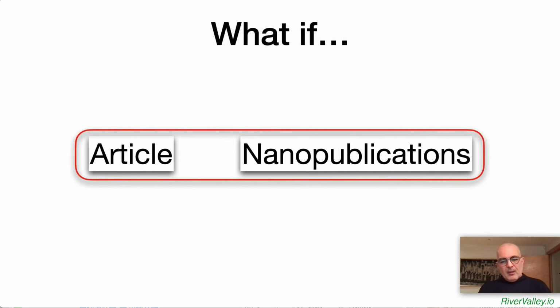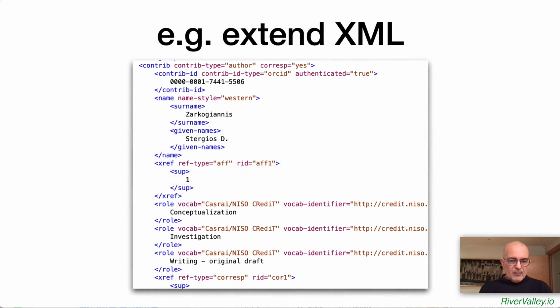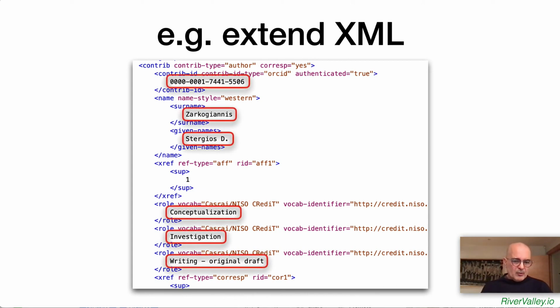So what we're thinking about is what happens if we have this in one object. So you have something that is the article and the nanopublication together. And one way to do this would be to extend the current XML to embed nanopublications.